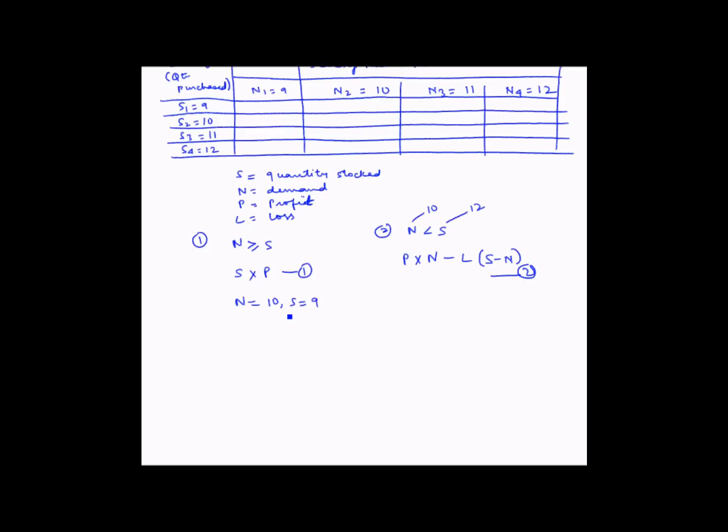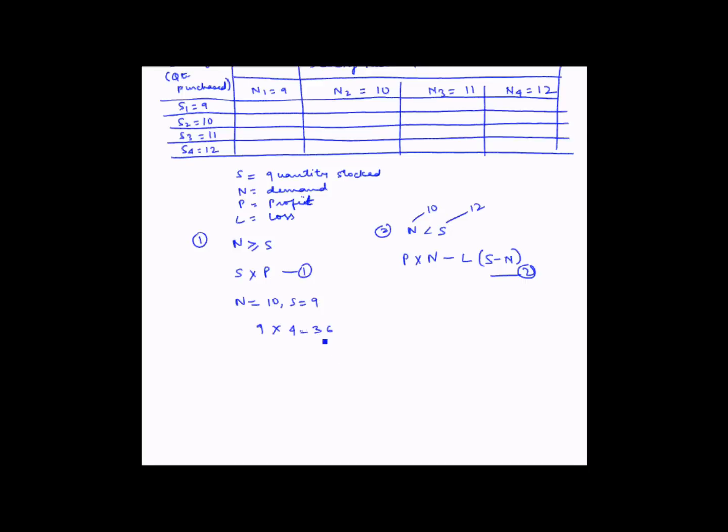So our payoff becomes S, that is 9, multiplied by the profit. Now the profit for each magazine in the problem is given as 4 rupees because the selling price is 12 and the cost price is 8. So 12 minus 8 is 4. So 9 multiplied by 4, which is equal to 36.